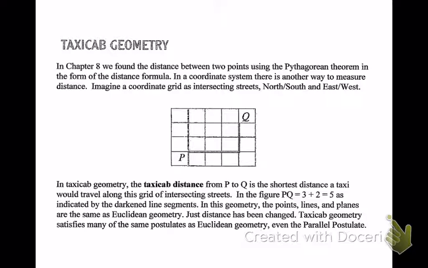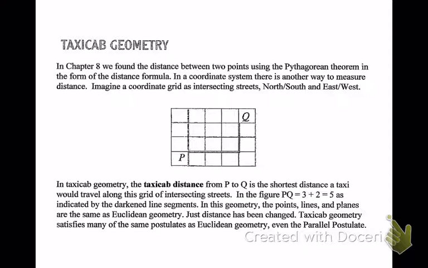In taxicab geometry, the taxicab distance from P to Q is the shortest distance a taxi would travel along the grid of intersecting streets. Alright, so the taxi can only make right angle turns. So it can either go east-west or north-south. It can't go diagonally.